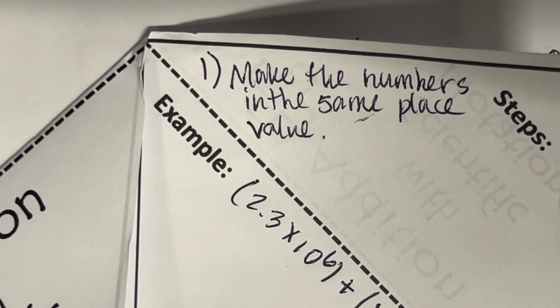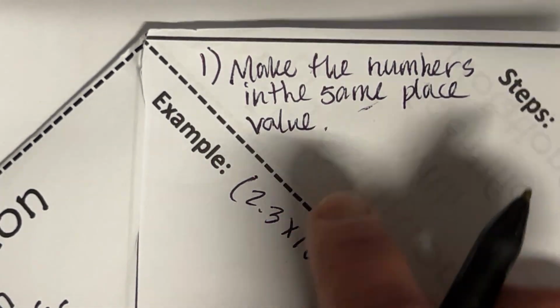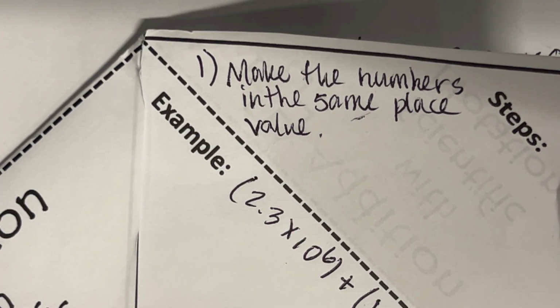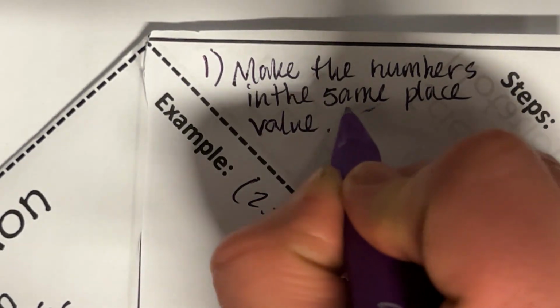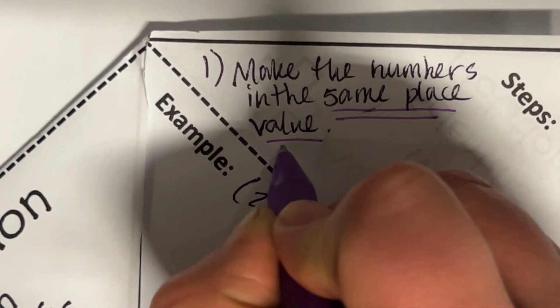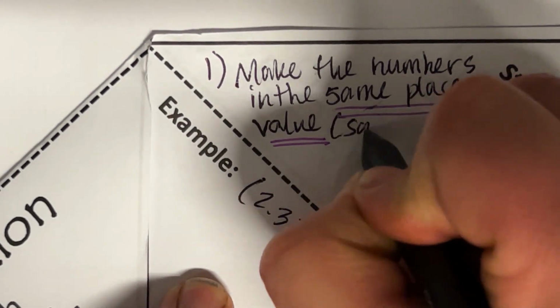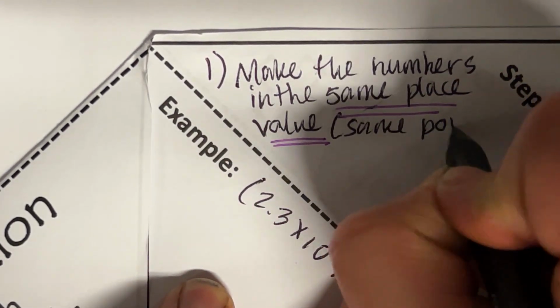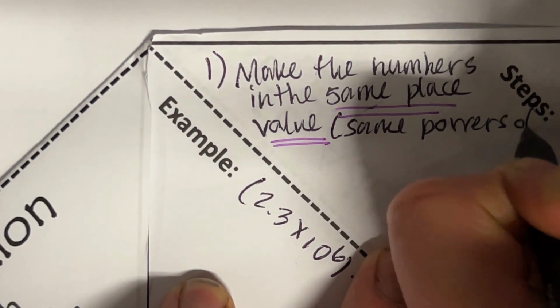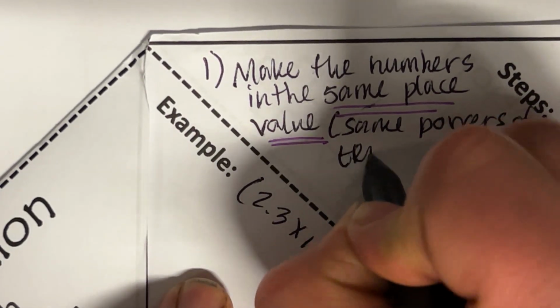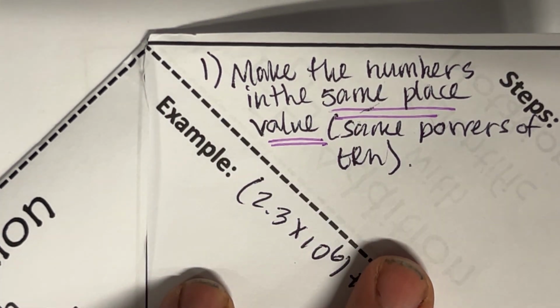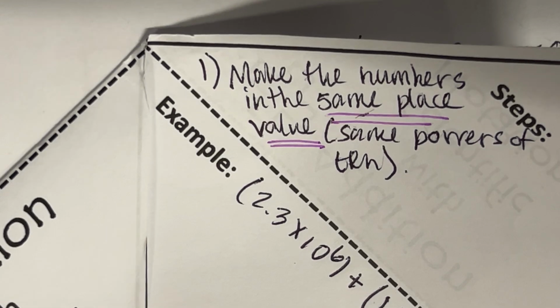What you can also do is think about the video that we watched yesterday with moving numbers into different powers of 10. So I'll show you how to do that as well. But make the numbers be in the same place value. Same place value meaning you need to have the same powers of 10. Without the same powers of 10, you will not be able to do the math.